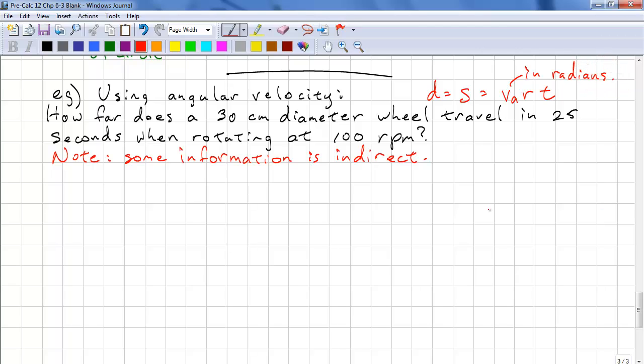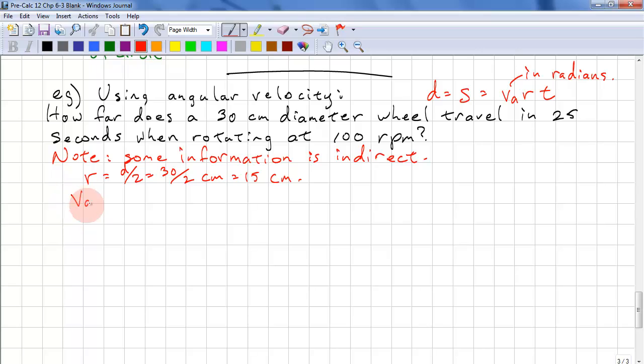Okay, so how far does a 30 centimeter diameter wheel travel in 25 seconds when rotating at 100 RPMs? So note that some information is indirect, and that would be the radius. The radius is the diameter divided by 2, so we have 30 over 2 centimeters, and that's 15 centimeters.